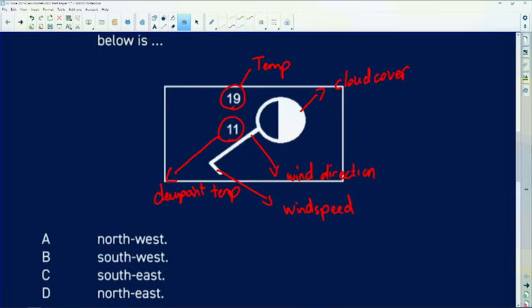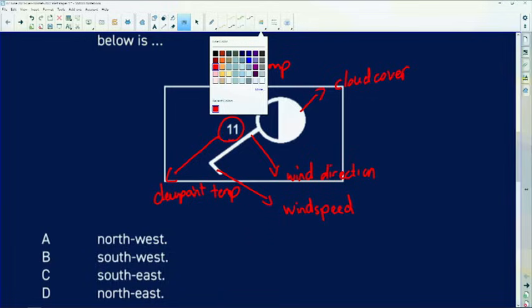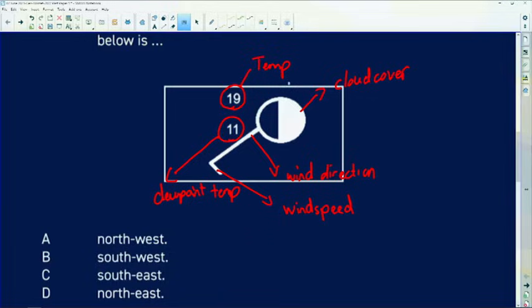Now we've learned about this, and in between temperature and dew point temperature, there's a space for a symbol to represent precipitation. But I reckon some of the next questions will go into that. So we've done this since grade 10. Now, very importantly, grade 12s. Our weather station model is represented as following. North will always be on top, east, south, and west.